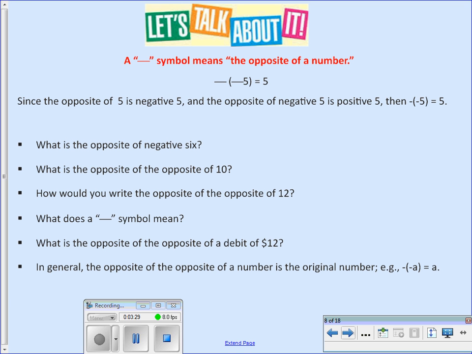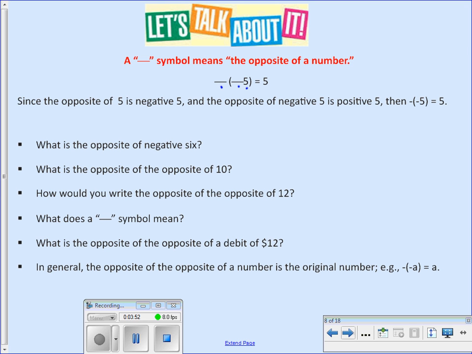Right now, you're just going to look at the board, you put your pencils down, and let's just talk about it for a minute. When you see that negative symbol, think of it as the word opposite. It means the opposite of a number. So the opposite of the opposite of 5 is 5.